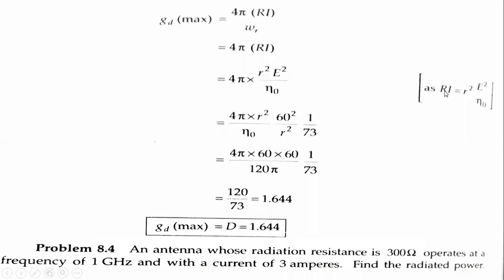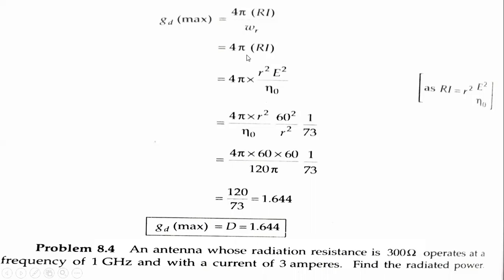Because directly we do not have the value of R or I, we can substitute here the radiation intensity, R square E square by eta 0, and divide by this omega.